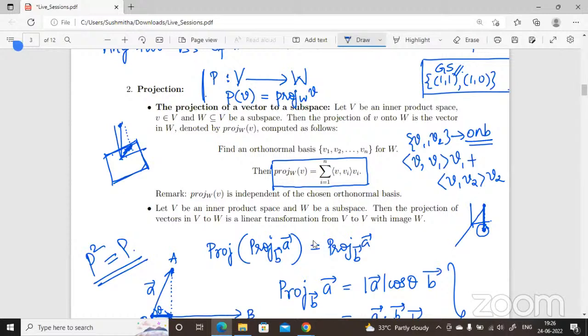Okay, so now look at this map P from V to W, where for any vector v, the output P of v is the projection of that vector on the subspace W. Does this look like a linear transformation?